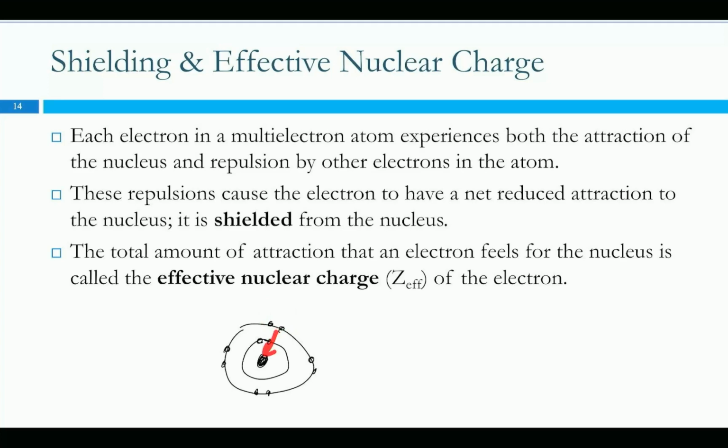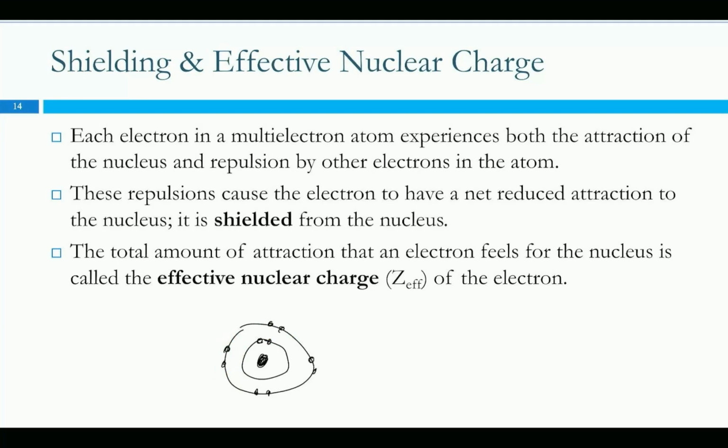They want to be closer to the nucleus, but they've got other electrons between them and the nucleus. So these electrons in the very middle block some of that positive charge from the nucleus. They get in the way, and so they reduce the charge that these outer electrons feel from the central nucleus.